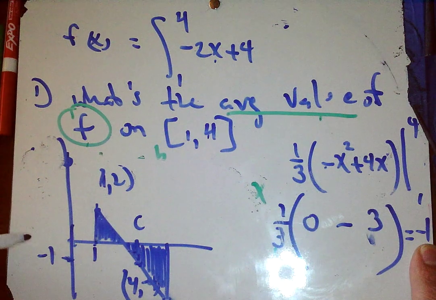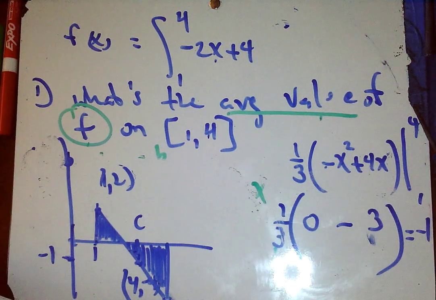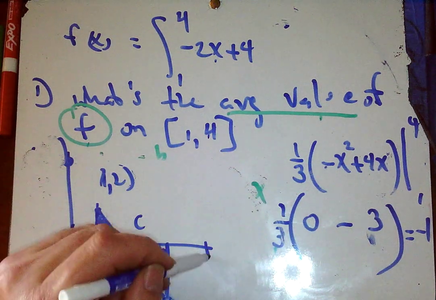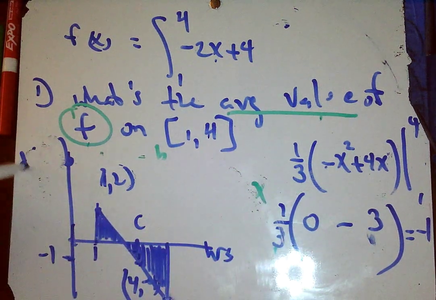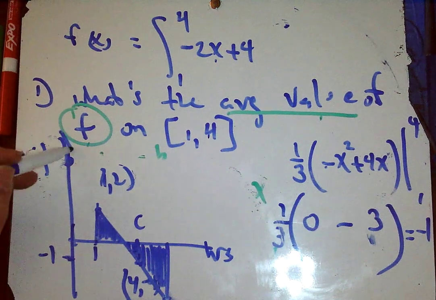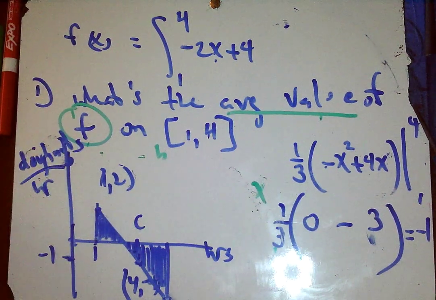But wait, I'm not done yet. I want to ask, what are the units on this number? The average value of the given function. Remember, the given function had hours and donuts per hour.